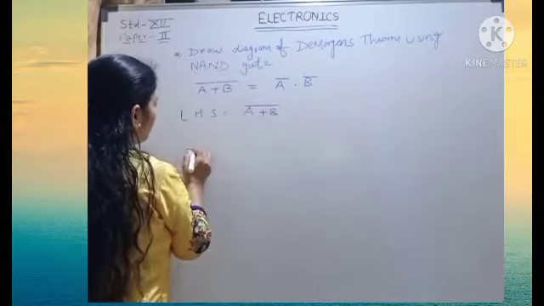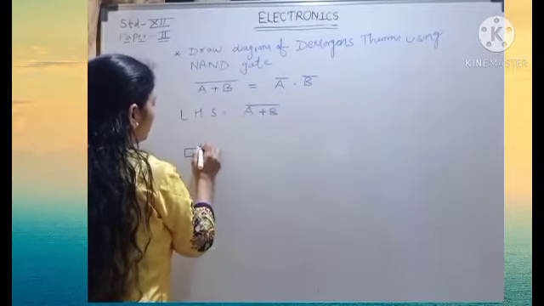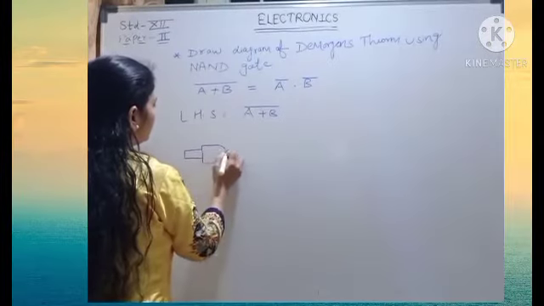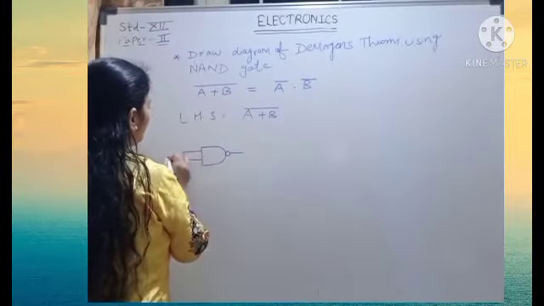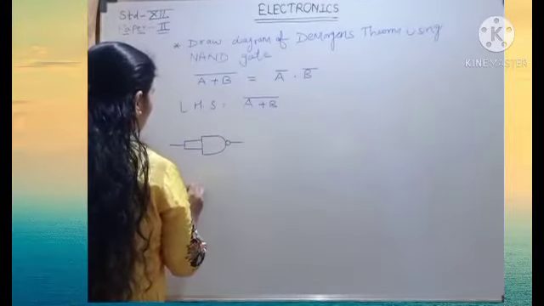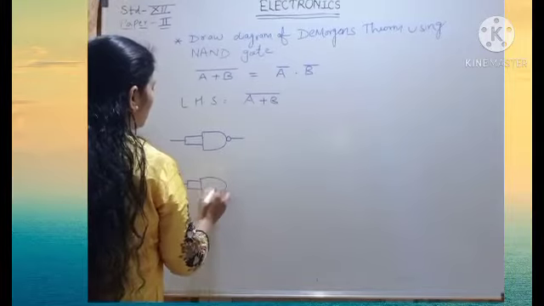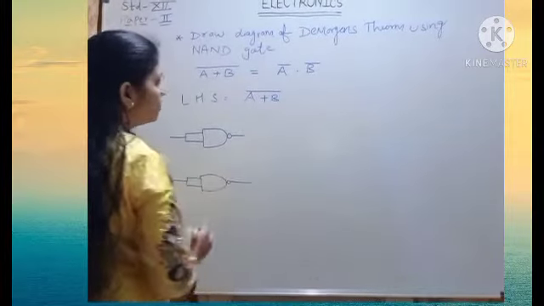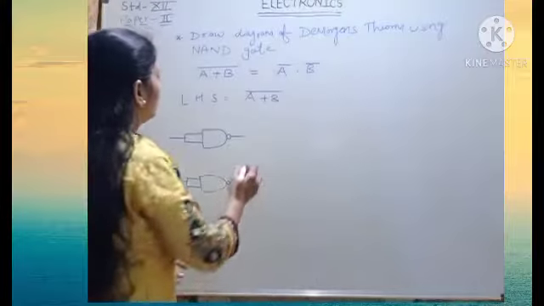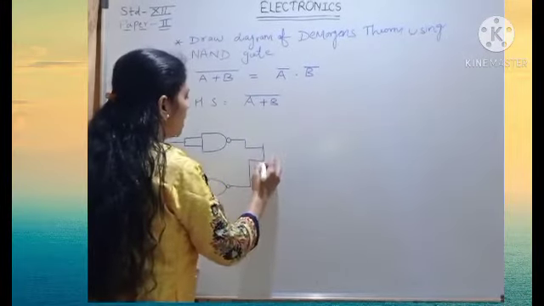For this OR gate we require first one NOT gate using NAND gate, then another NOT gate using NAND gate, and then we connect here one NAND gate.